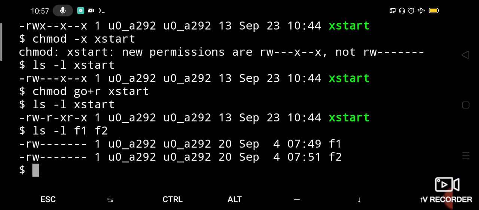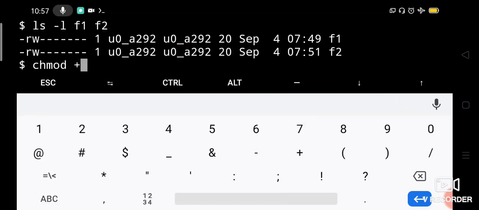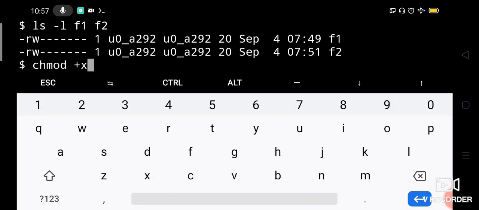So can we give read permission for group and others, or we can give execution permission for all of them? Okay, so let us give execution permission for both f1 and f2. So let us say chmod, execution permission means +x for all of them. If I am not mentioning the category of users, it is applicable to all categories. Okay, for the file f1 and f2.